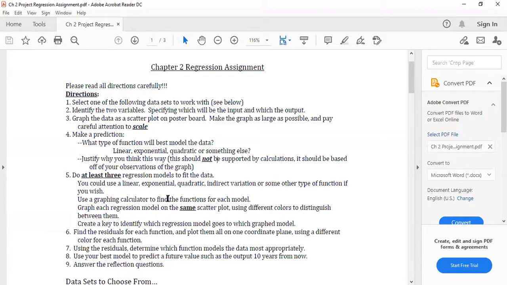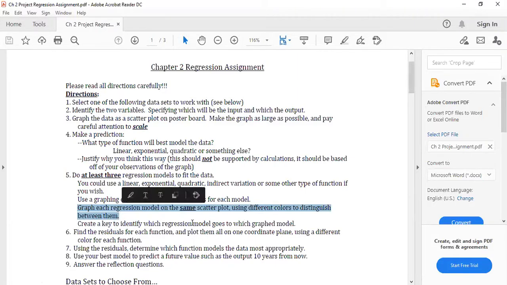Use a graphing calculator to find the functions for each model. So you're going to do a regression on your graphing calculator, or if you haven't picked up a graphing calculator yet, then you're using Meta Calculator. Graph each regression model on the same scatter plot, using different colors to distinguish between them. So the scatter plot that you made in step 3, you are then going to graph those regression models on that same scatter plot.